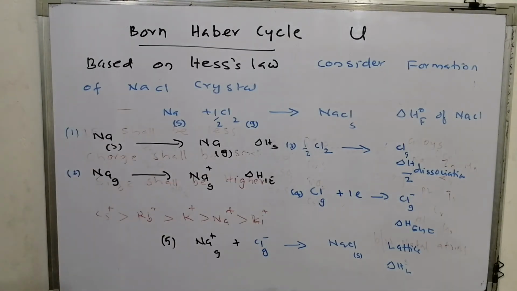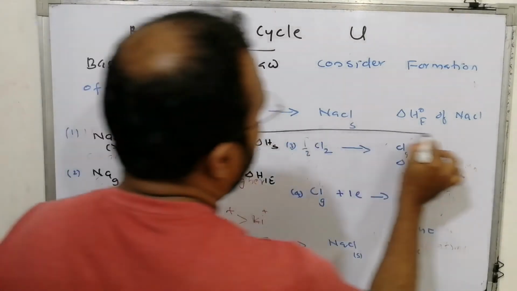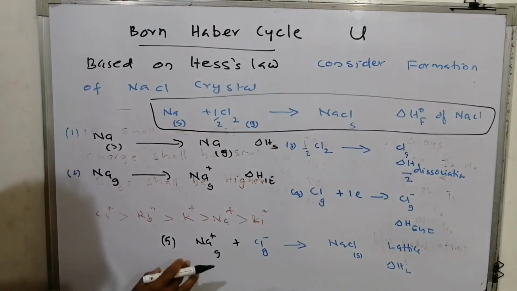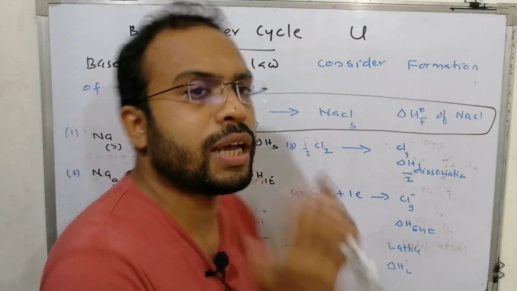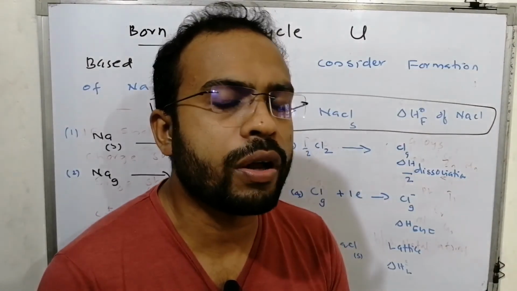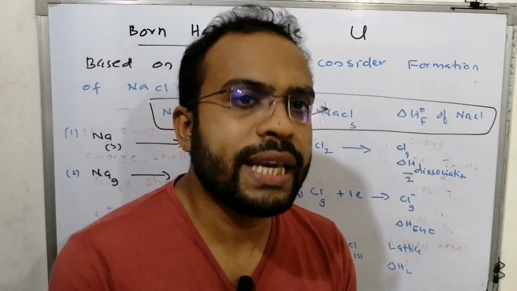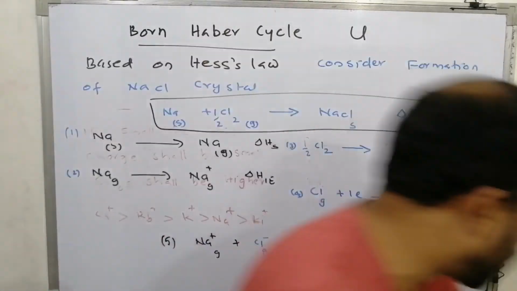Now you got sodium chloride finally. All these 5 processes happened together in the direct step: you mix solid sodium and half mole of chlorine gas, you get sodium chloride, and heat is released. That is the enthalpy of formation of sodium chloride.